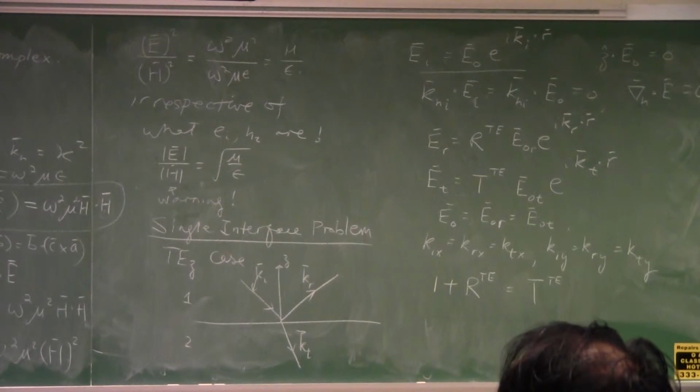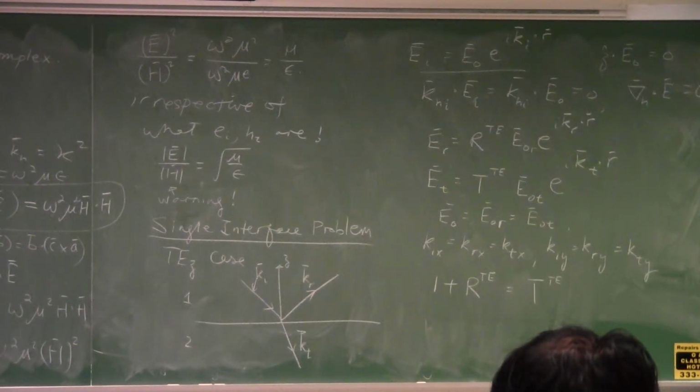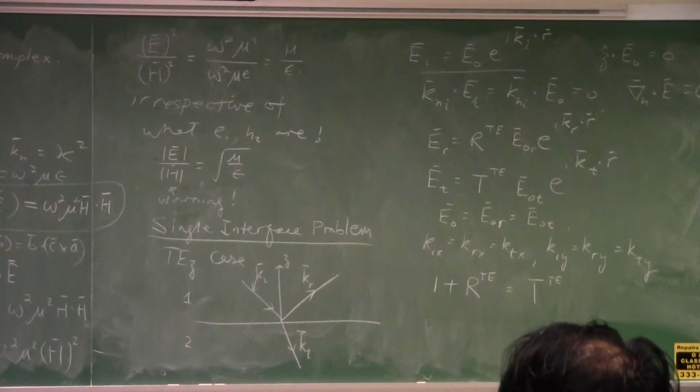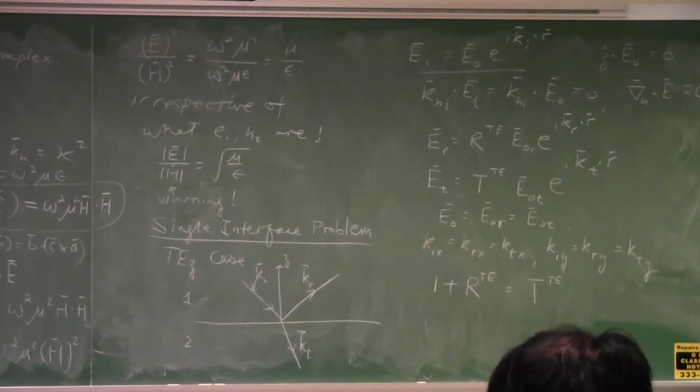The field in region 2 should be TTE, KTE cross E naught over omega, sorry, this should be mu 1, mu 2, e to the I KT dot R.